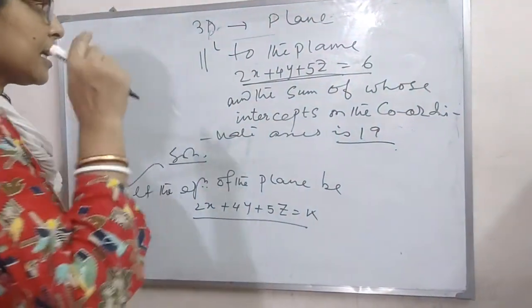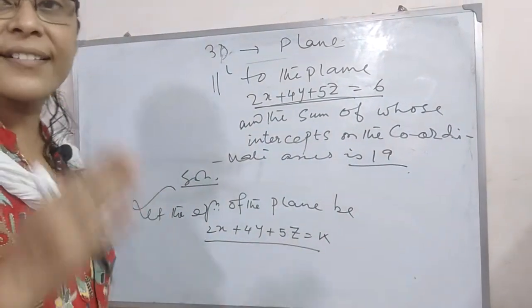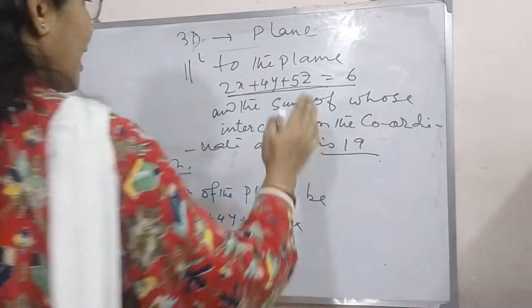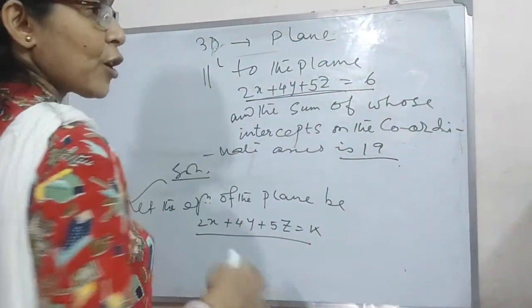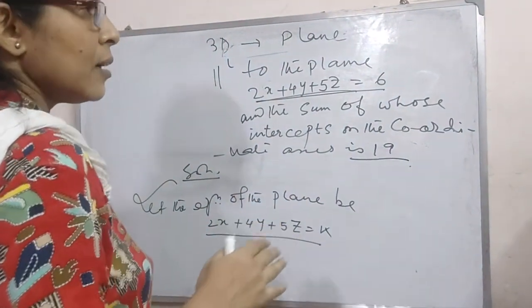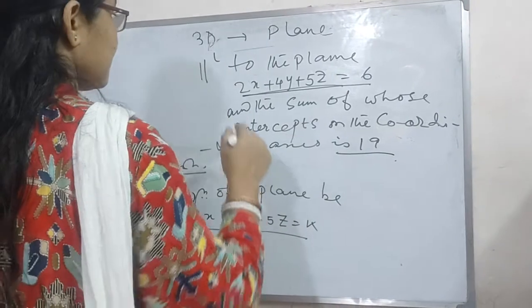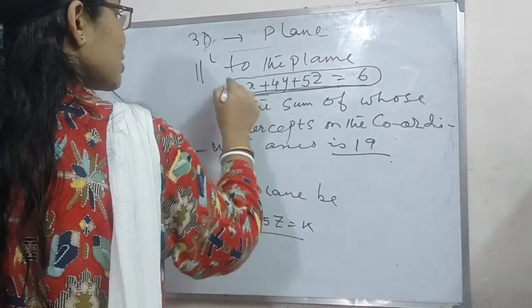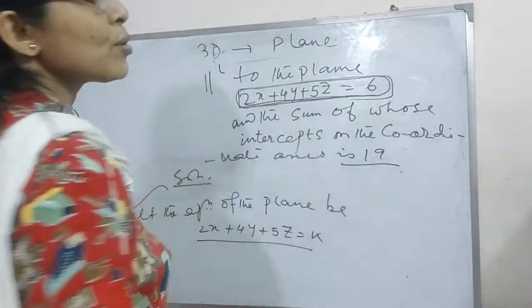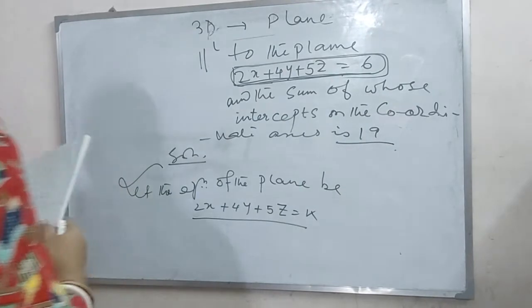So in both equations only the constant is different and the coefficients of x, y, z are the same. It is the difference. Since these two planes are parallel, only the constant is different.